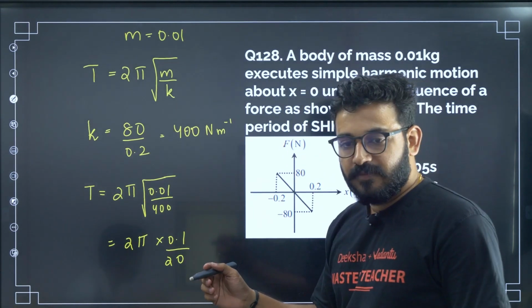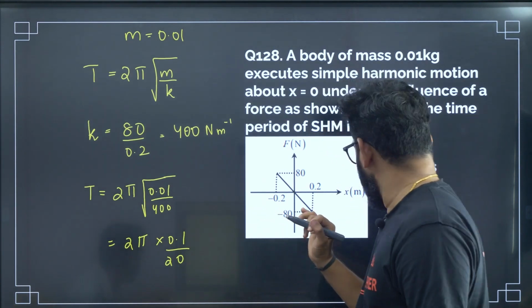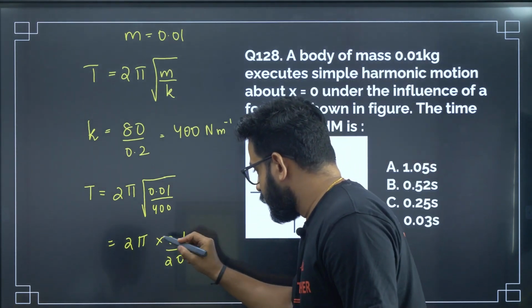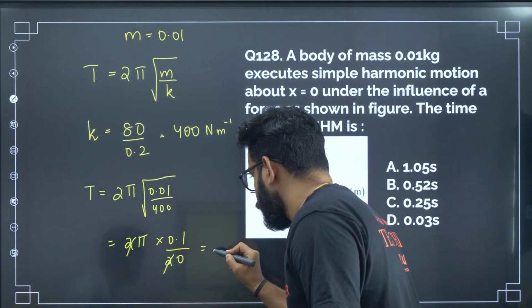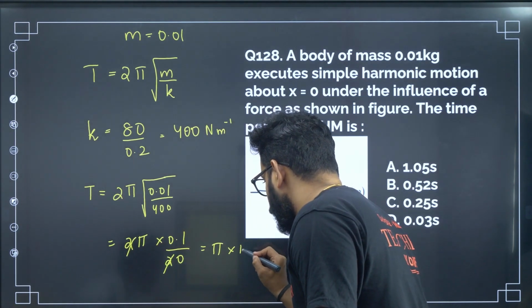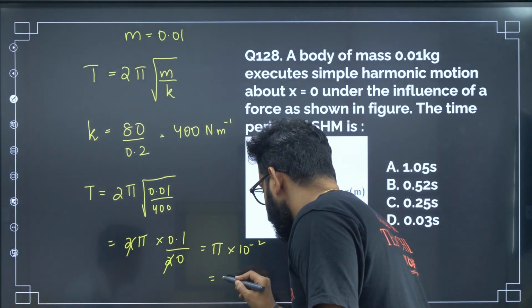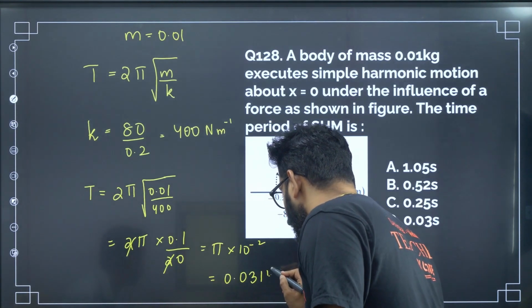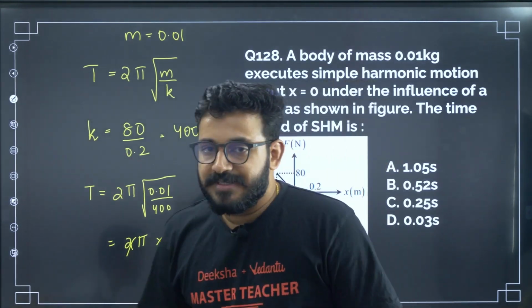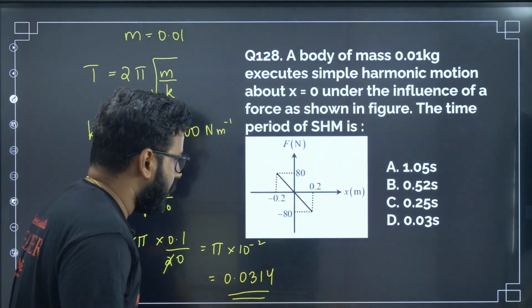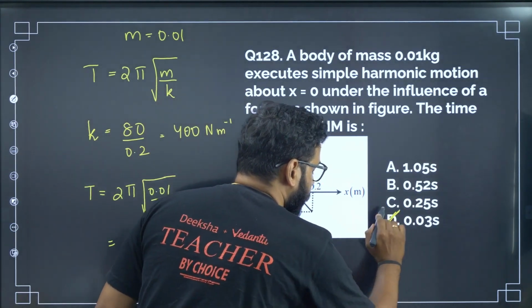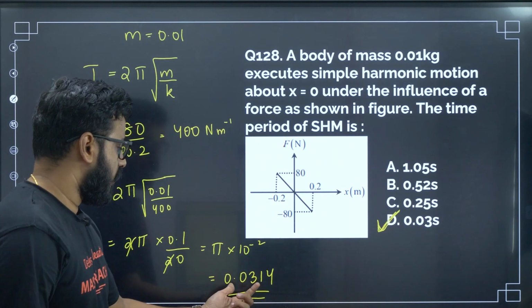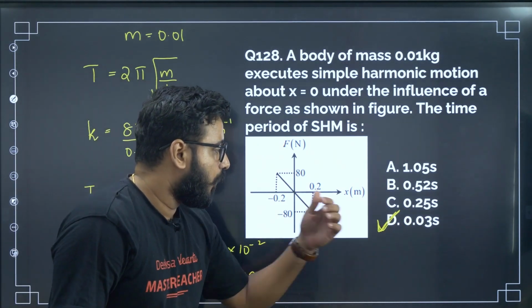So the final answer will be approximately 0.314. There is a pi, so pi into 10 to the power minus 2, which is 0.0314. So the answer is somewhere close to 0.0314. The most apt answer in the options is option D, the closest to this being 0.03.